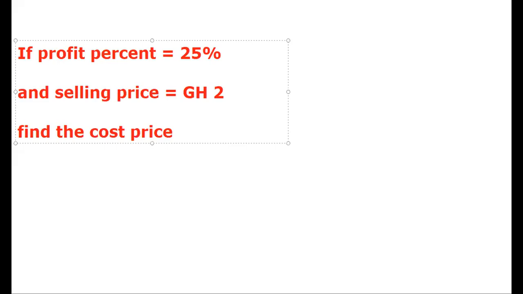Please, the cost price. The formula for finding cost price, I used 100 over 100 plus profit percent times selling price. Yeah, from the how to find the profit percent.